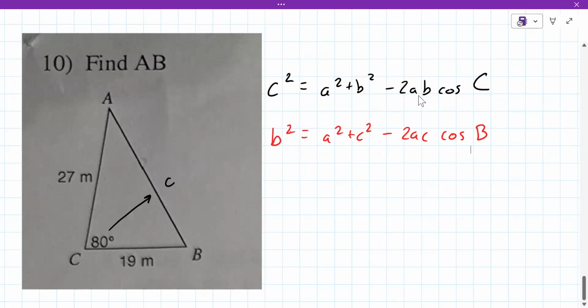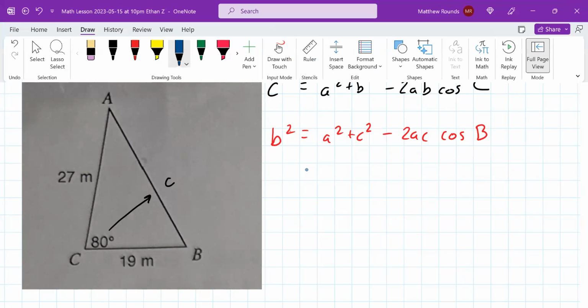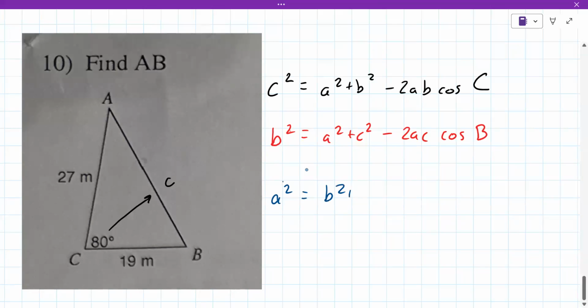So in the first formula, notice that A and B are the same as the A and B here that are being squared. The angle C is the same as this C over here. So when you solve for B squared, it's the other two letters. You use the same other two letters, and then the B matches with the big B. So that makes sense. You're not actually memorizing three different formulas, although it can seem like that.